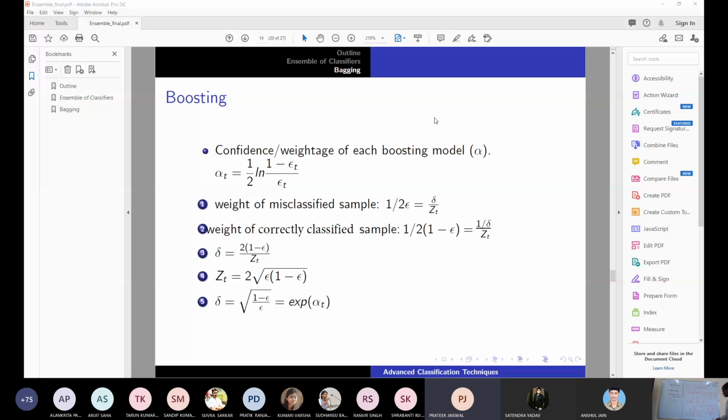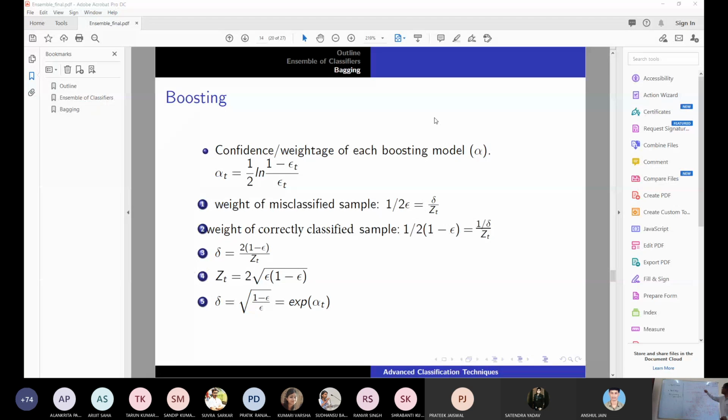Okay, so essentially this is nothing but e to the power alpha t. What is alpha t? Alpha t we learned here. So this is nothing but the alpha t. So that is why this formula came.